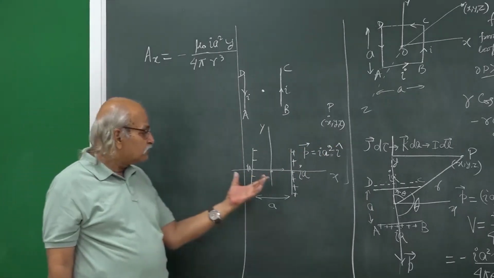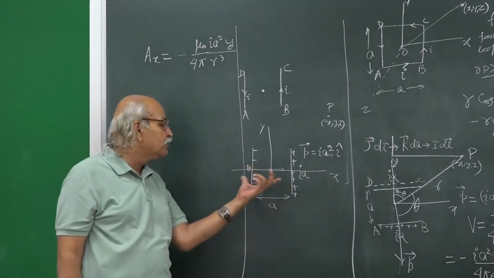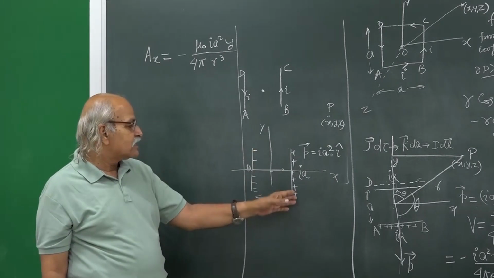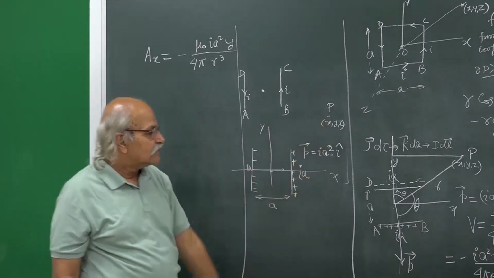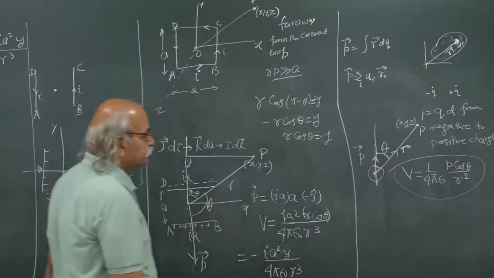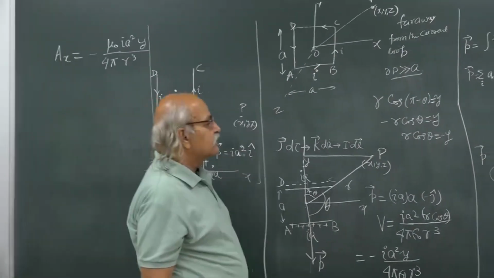And because of this assumed charge distribution, because of this dipole that is here, what is the electric potential at P? And our equation is this. What is cos theta now?